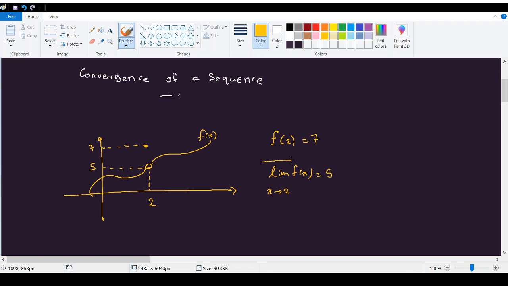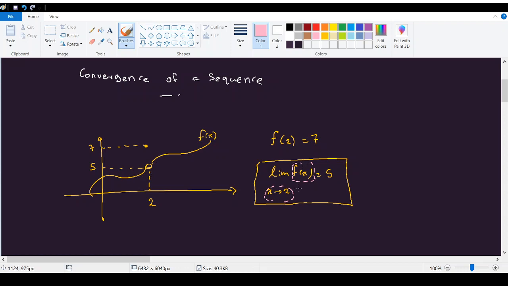So what do we mean by this limit? What is the idea that we can take by looking at this formula, that the limit of f(x) is equal to 5 when x goes to 2? That means the value of the function f(x) seems like it is approaching 5 when x goes to 2.